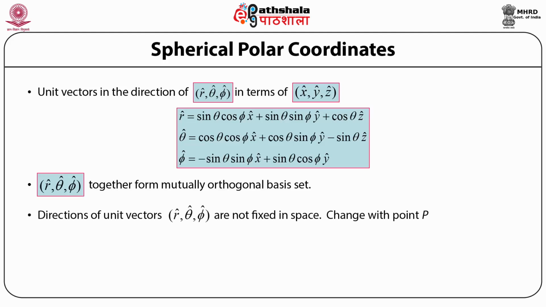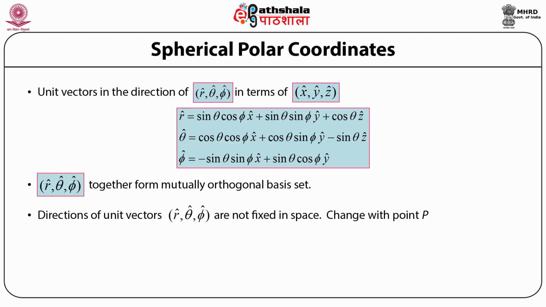The directions of unit vector r, unit vector theta and unit vector phi are not fixed in space, but these directions change with the point P. For example, the direction of the unit vector r will always be along the line joining the origin to the point P. So if the point P changes, then similarly this direction also changes.